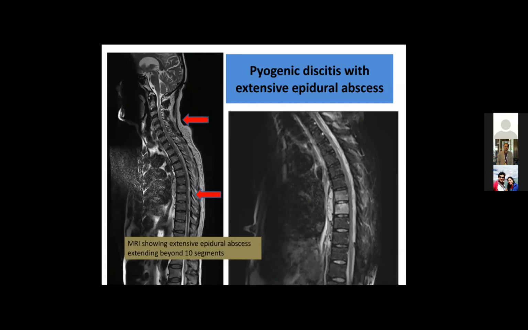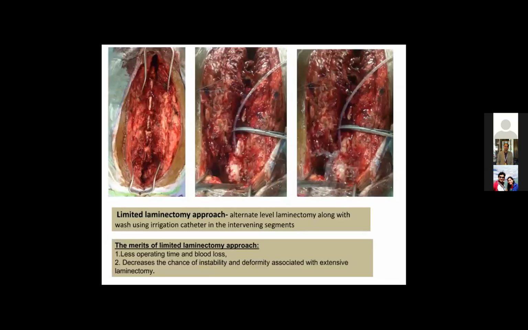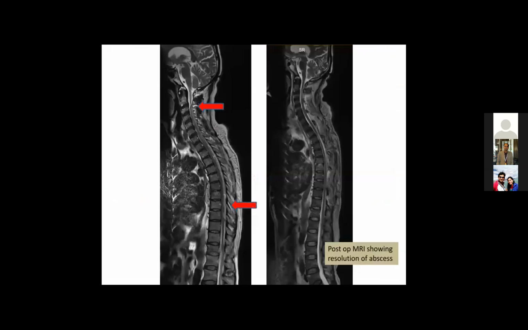Since the patient had quadriparesis, we took him for surgery. We did a limited laminectomy approach where I exposed the whole 10 segments, alternate level laminectomy was done, and I used a feeding tube to wash out the abscess. The culture showed MRSA growth, and with appropriate antibiotics the patient improved and is now walking with support. It's almost 3 years follow-up now.